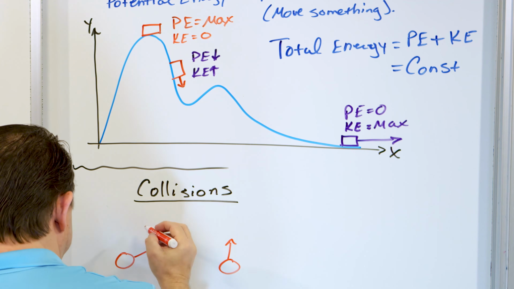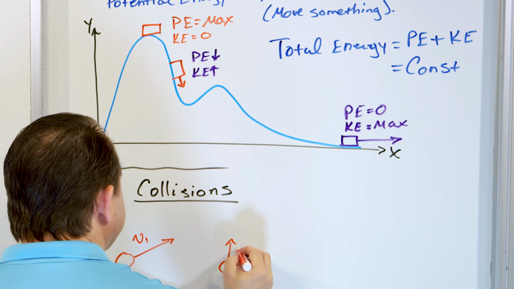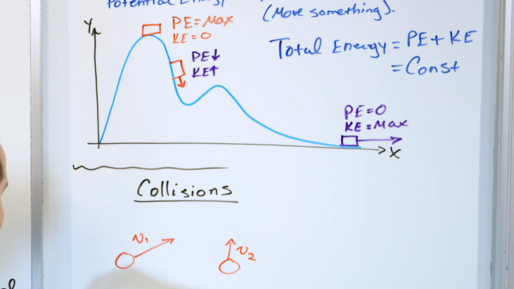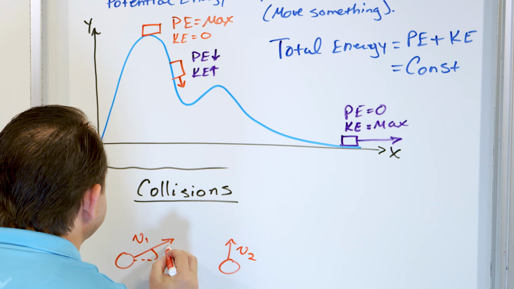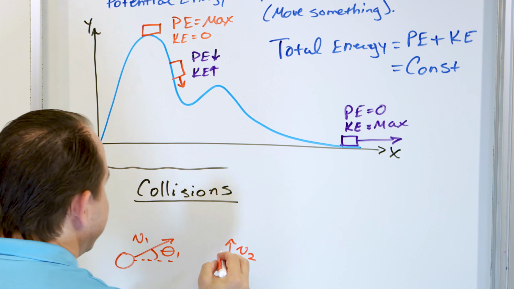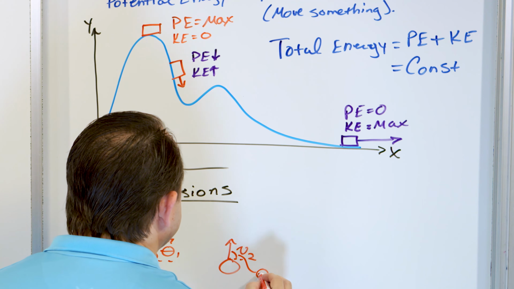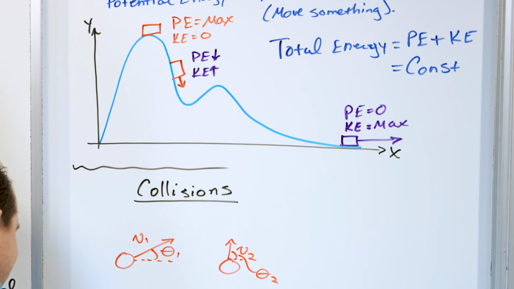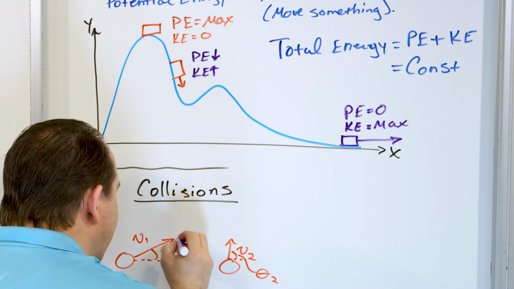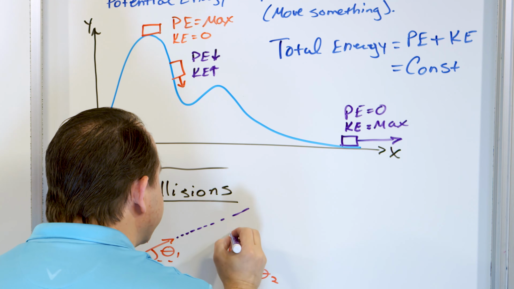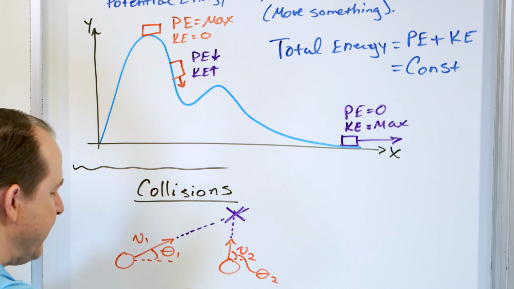This ball might have velocity V1, and this ball some velocity V2, and this ball is traveling at some angle theta 1, and this ball is traveling at some angle over here, theta 2. And the question is, what's going to happen after they hit each other? Because this ball is going to continue in this direction, and this one's going to continue in this direction. They're going to hit each other right there.